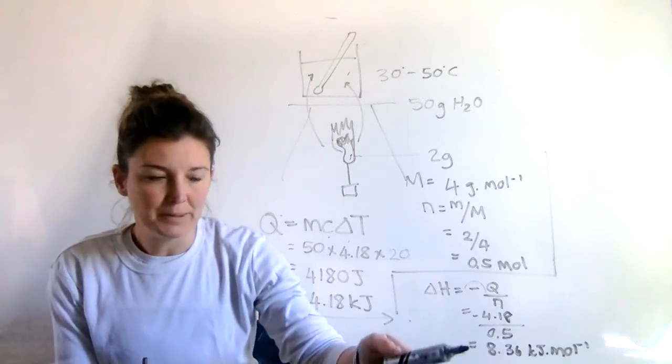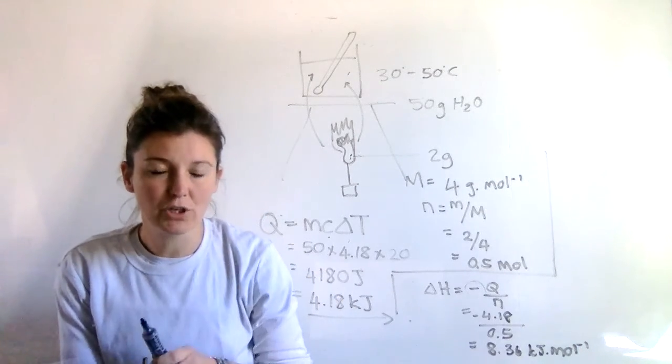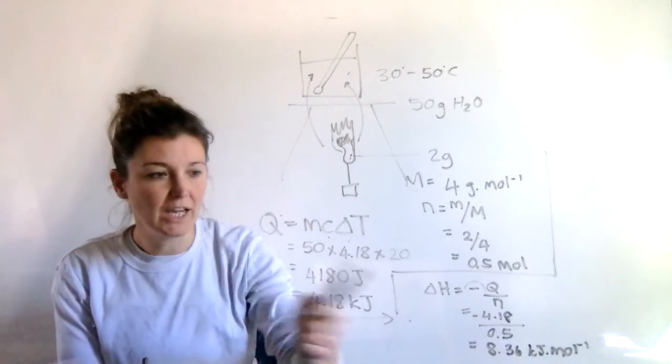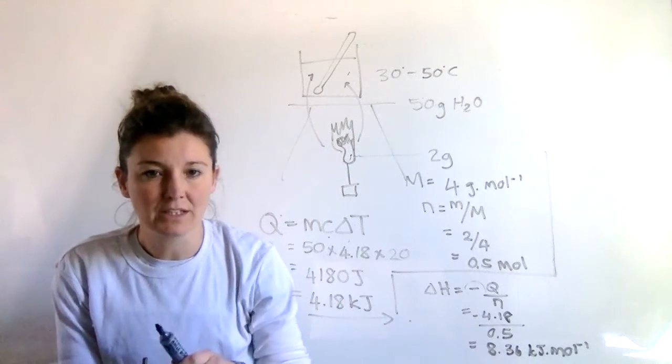So the enthalpy change, the difference in energy in the system from start to end, is 8.36 kilojoules per mole.